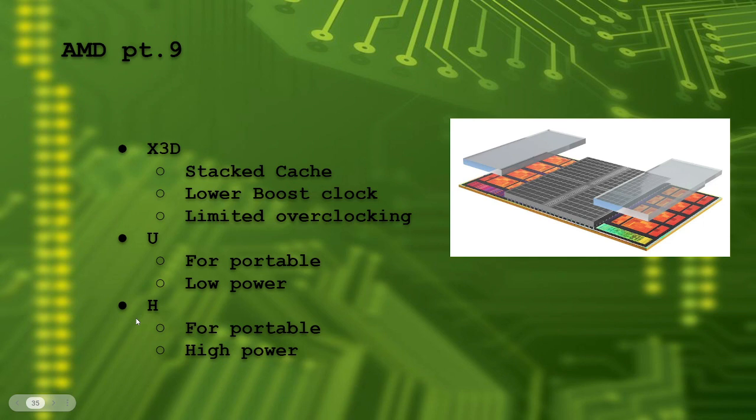Next, there's only a few CPUs with the X3D label, and they have stacked cache. So recall back to the slide about memory, and I said that each CPU has some cache built into each core. The more cache, just like RAM, a CPU has access to, the better it will perform, basically.